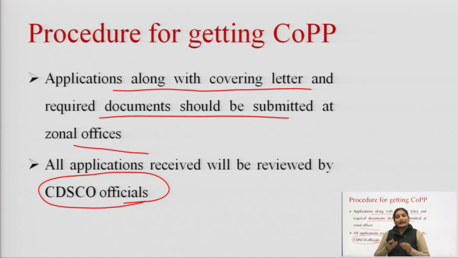Okay. So, to get the COPP license, the application along with the covering letter and required documents should be submitted at the zonal office, and all the applications received will be reviewed by the CDSCO officials.